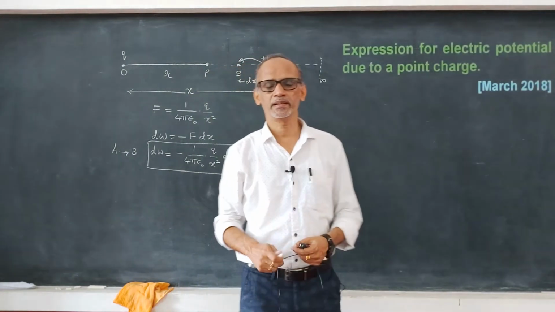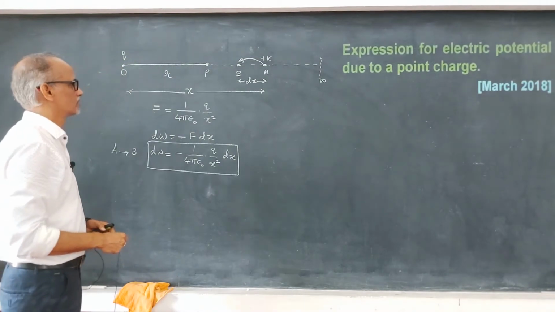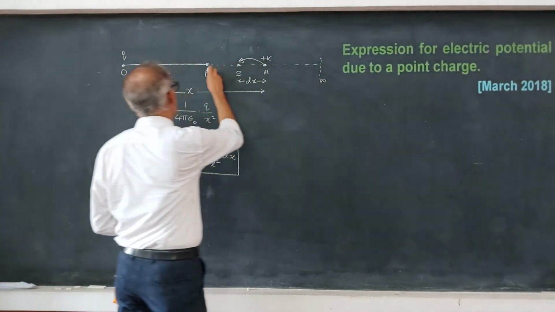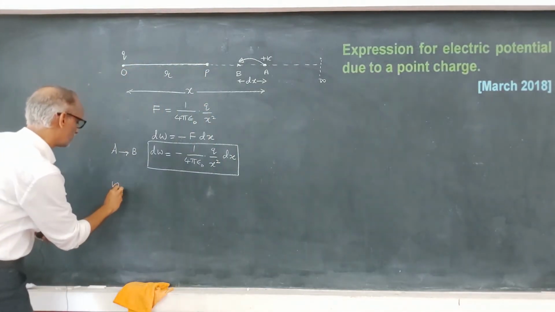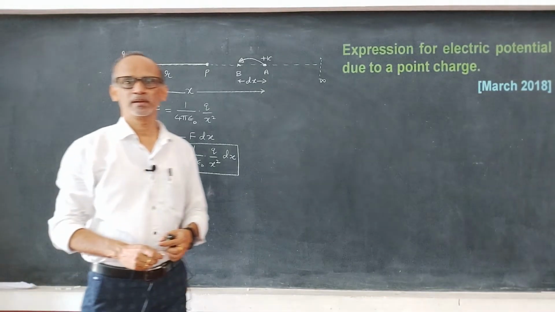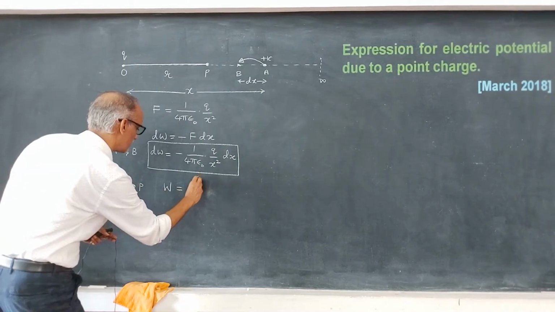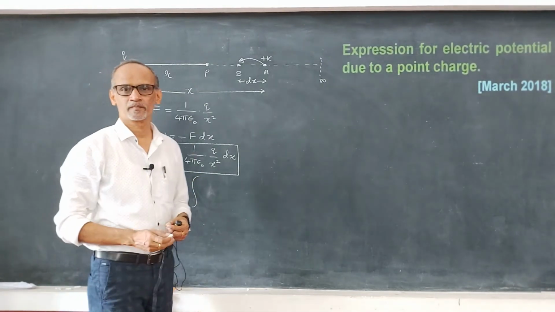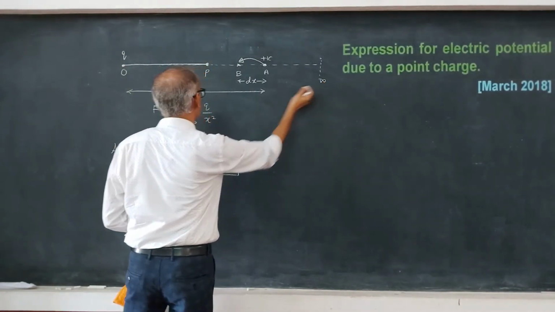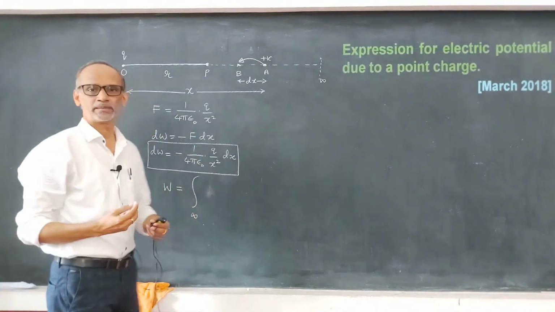But we want to find the total work done in moving the charge from infinity to point P. And that total work done we calculate by integrating. The charge is moved from infinity, therefore the distance x is equal to infinity, that is the lower limit.